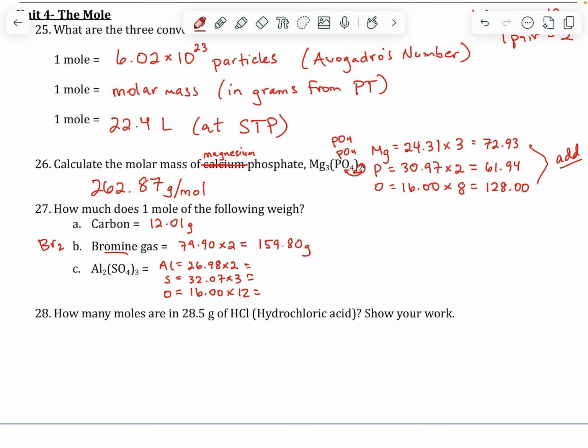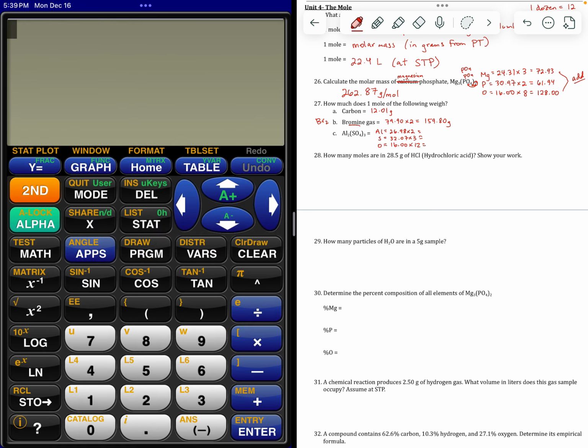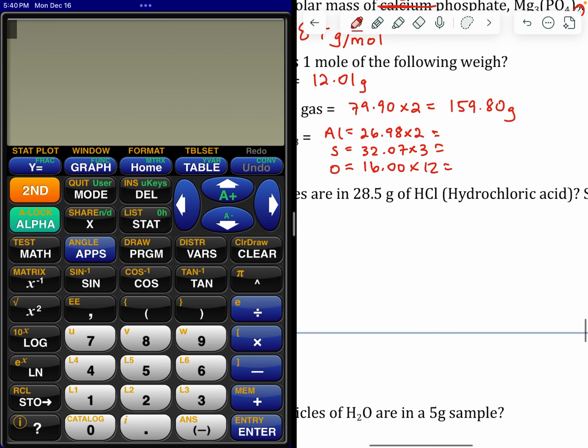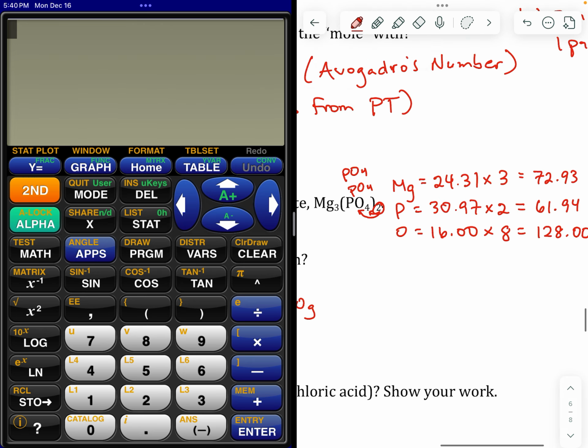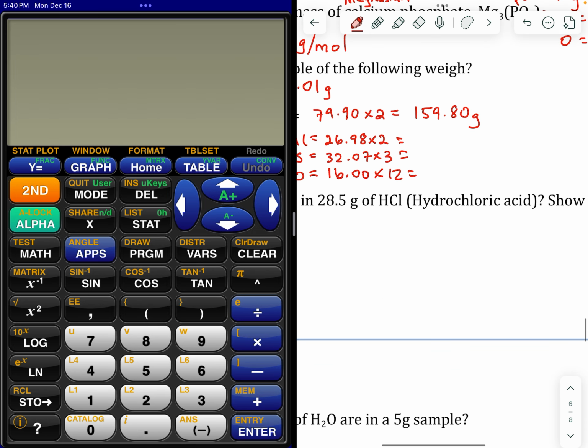All right, so if you were wondering how I'm putting this in the calculator, you can do it one of 2 ways. I personally like to do it all at one time. You can do them separately, kind of like we did above, and then add up the results in the end. I'll do it a different way here for you. What I would make sure you do is use parentheses so that the order of operations sticks together.